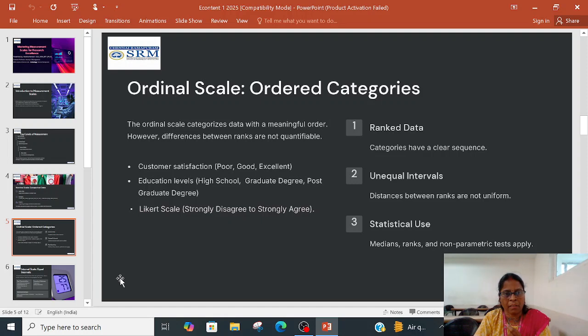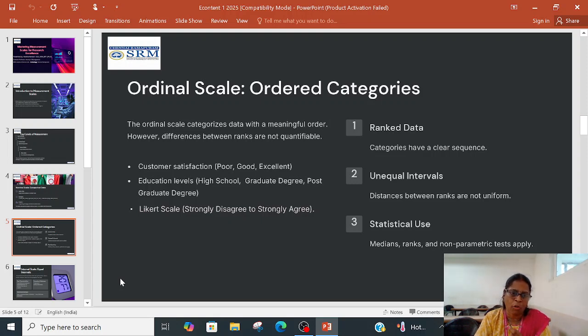Second one is ordinal scale. Ordinal scale categorizes data with a meaningful order. However, differences between ranks are not measurable. For example, customer satisfaction, we can order the data from poor to excellent. Education levels, we can order the data from elementary school to postgraduate degree. Likewise, Likert scale can be used.